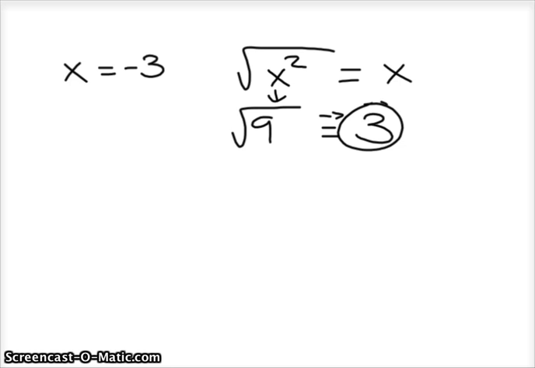We need to show that once we've squared it and then taken the square root, it's going to end up being positive. And how we do that is by applying the absolute value. So therefore, we're saying that the square root of x squared is equal to the absolute value of x, and the absolute value of negative 3 is indeed 3, so that does check out.